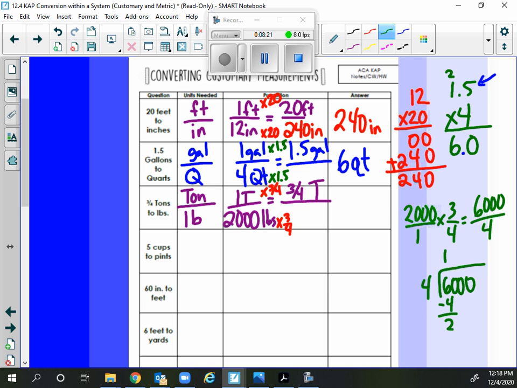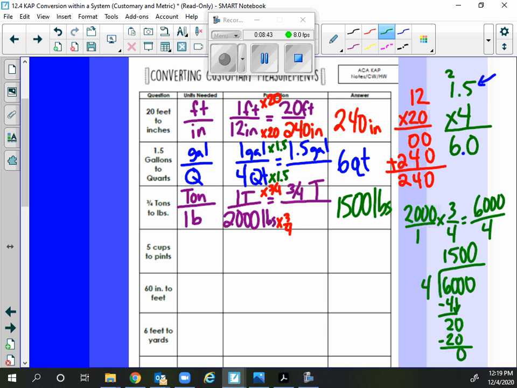Subtract away. Bring down the 2. 4 goes into 25 times exactly. Fill up with 0. And we'll just fill in those spots there. 0. So that means that in 3/4 of a ton, that's the same as saying 1,500 pounds. Does that make sense?